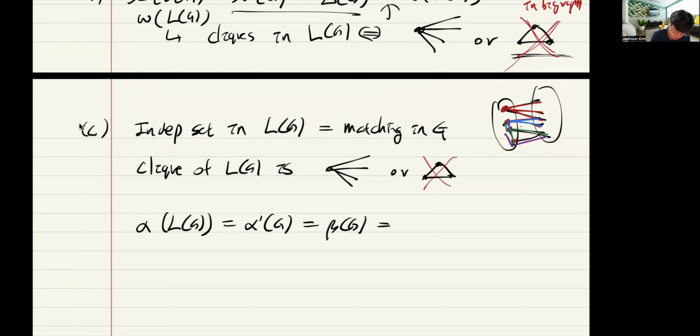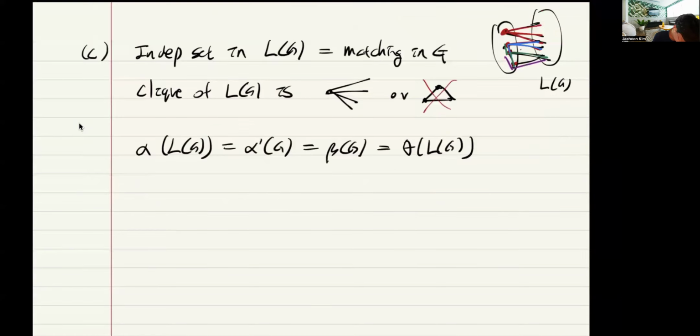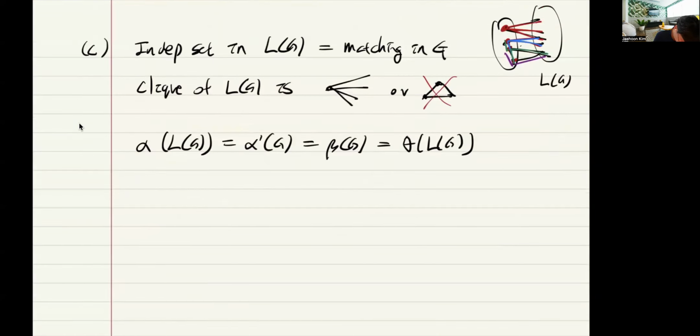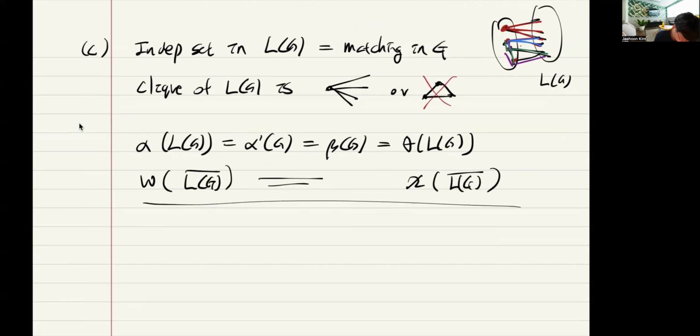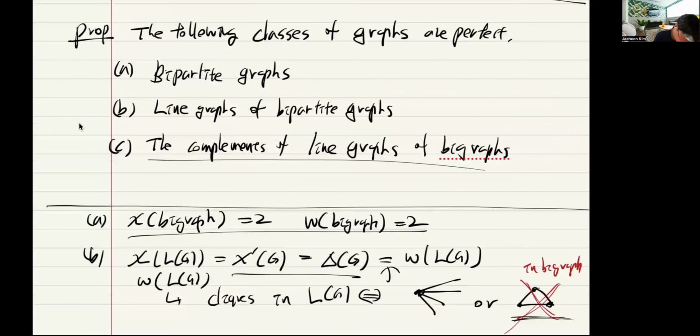And these edges are the vertices in L(G). And each set of edges incident with a vertex in this vertex cover corresponds to a clique. So this is the same as the clique covering number of the line graph. So this is the same as the chromatic number of the complement of the line graph. And this is the clique number of the complement of the line graph. So this shows that the complements of line graphs of bipartite graphs are perfect.